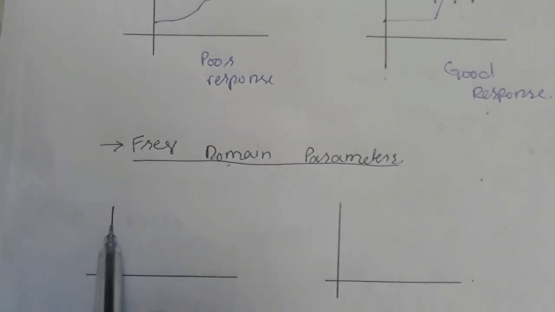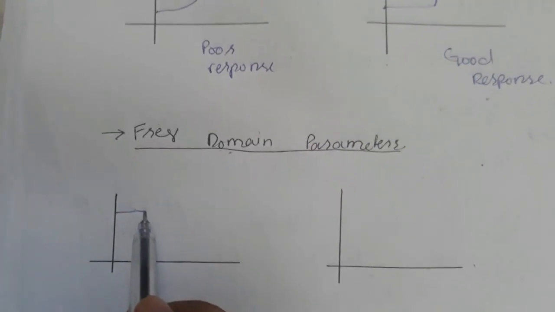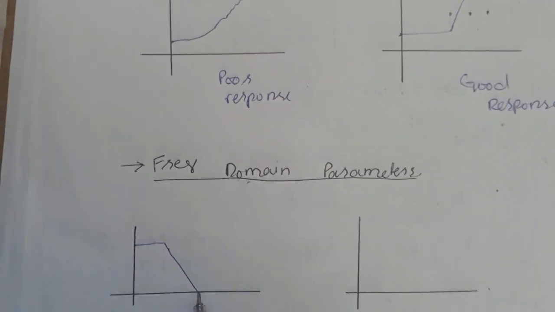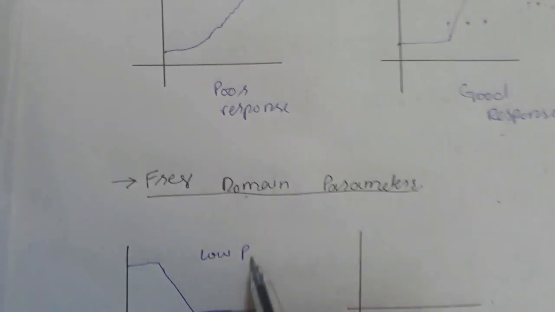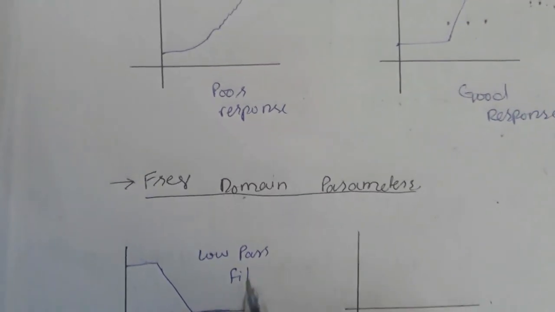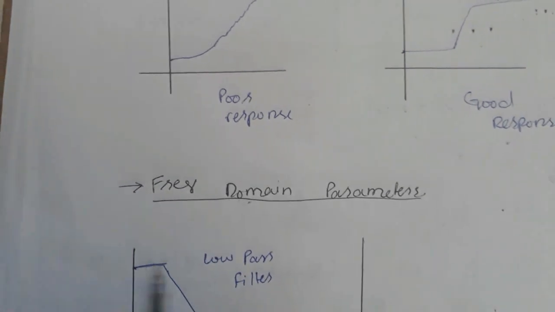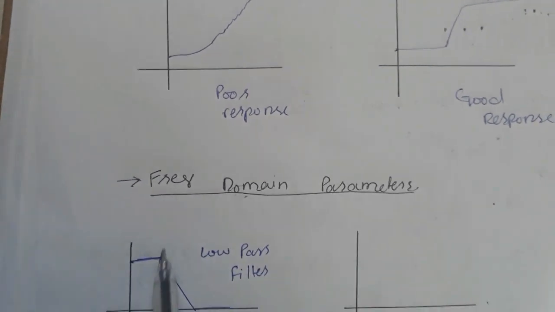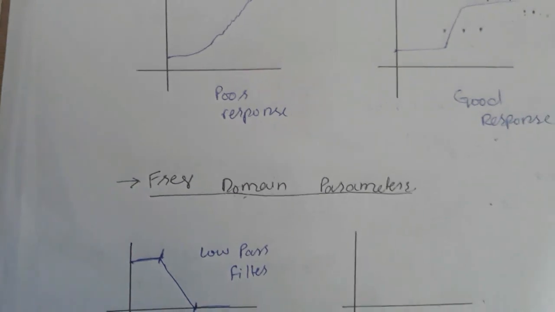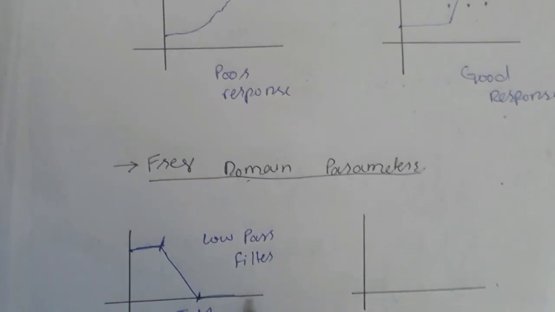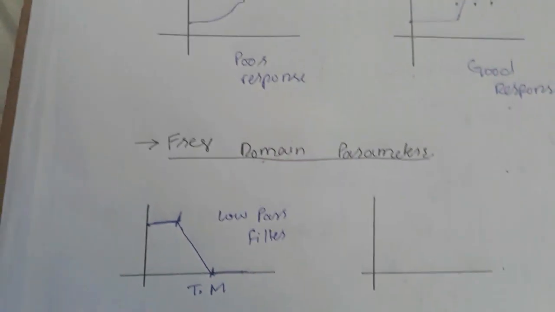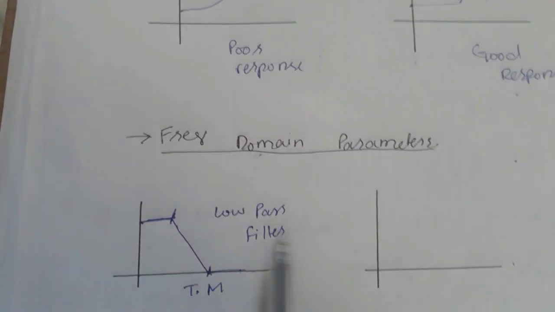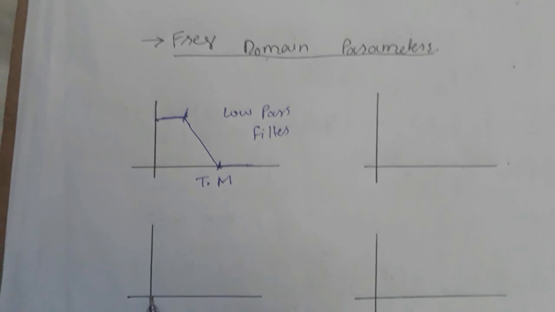The first one is the low pass filter, as this is the low frequency which passes, then this part is the transition band, and this part does not pass. So this is the low pass filter, and the reverse of the low pass filter is the high pass filter.